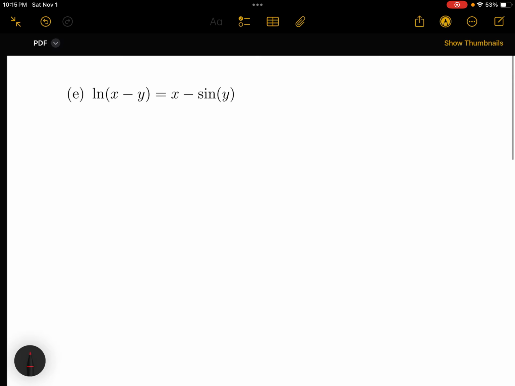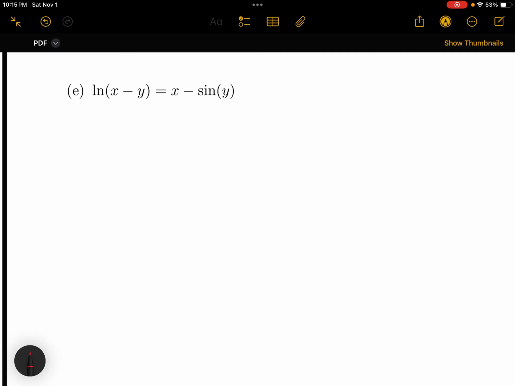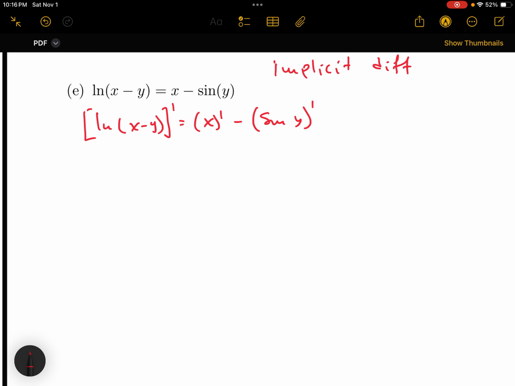Okay, this is a typical example of a function that is implicitly defined. So I have to use implicit differentiation, which means I'm just going to take derivatives right away on both sides. Ln of x minus y, prime, is equal to the derivative of x on the right hand side minus the derivative of sine of y.